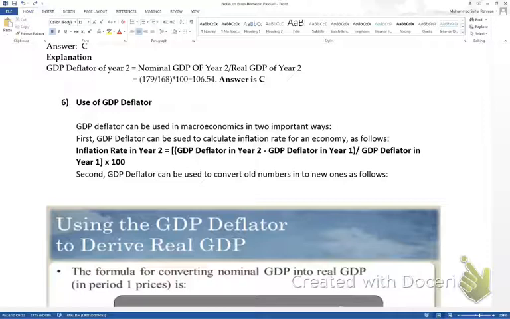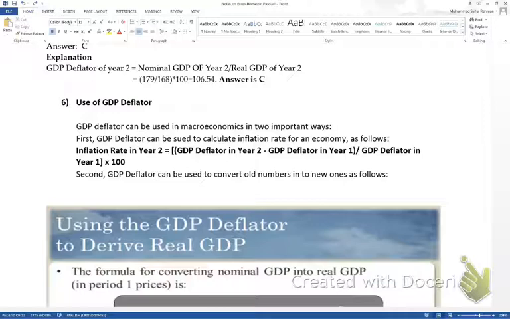What the inflation rate does is give you an idea about what is happening to the overall price level of our economy. In a future chapter, we are going to talk about the consumer price index as another very popular measurement of price level in our economy. But for the time being, this is a good one.